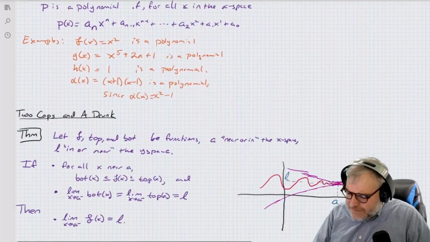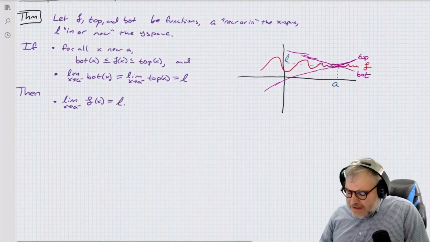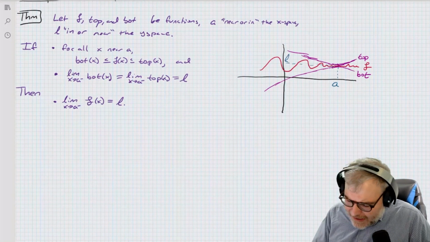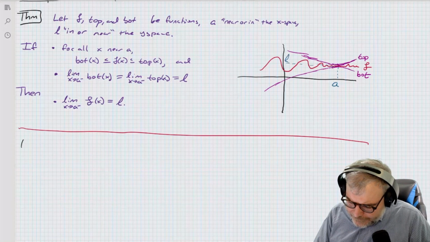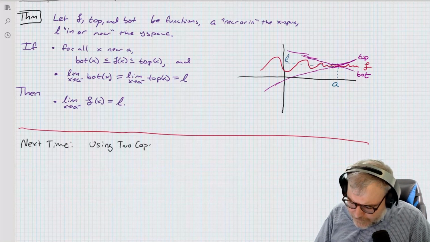And then I introduced two cops and a drunk. The next time we're going to talk about using two cops to compute stuff, improving and writing proofs.